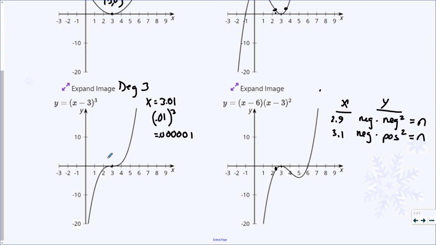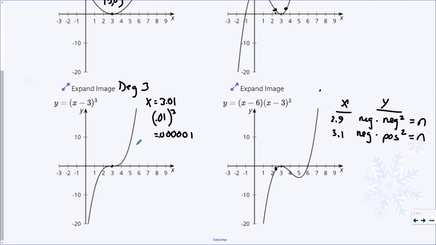What's actually happening here is the graph is changing from being curved down to being curved up. So I like to think of it now as kind of like an S curve. So it's going to pass through the axis as an S curve. And the reason why it's going to pass through the axis is because a negative cubed is negative and a positive cubed is positive.